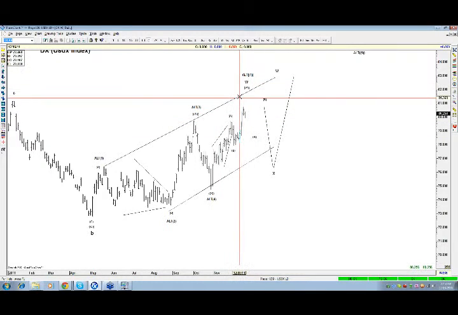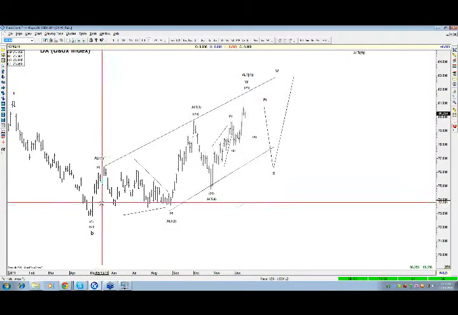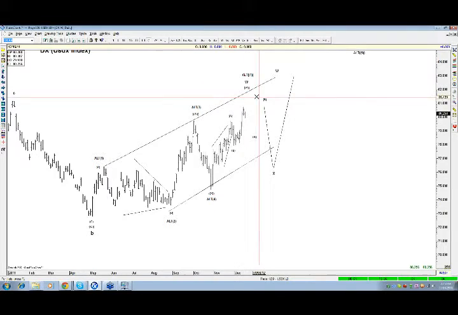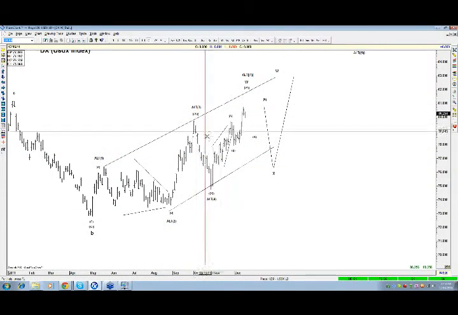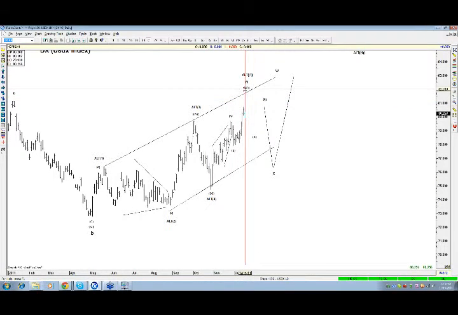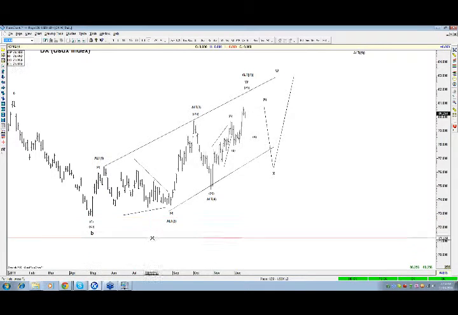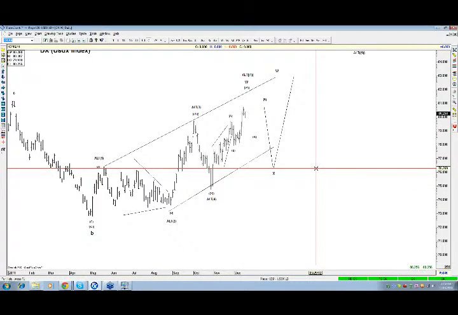Either it is a W when you have A, B, C, W, X, A, B, C, Y going to 81, or it is 1, 2, 3, 4, 5. I see this low as possibly the low, with a higher degree of confidence that the dollar already bottomed, but the next recovery is going to dictate which way we go.